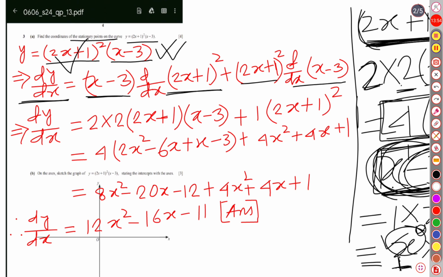Then look at this, first of all we will differentiate this portion. We have already shown just beside this that the derivative of (2x plus 1) whole square is 2 into 2 into (2x plus 1). If I repeat the same words, this 2 is the exponent.